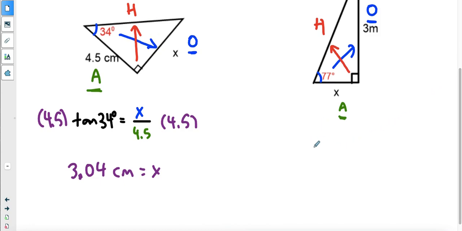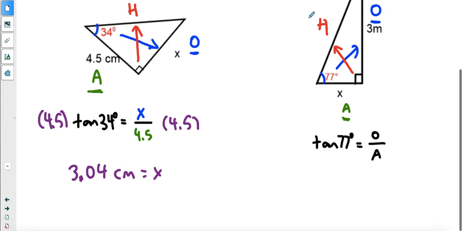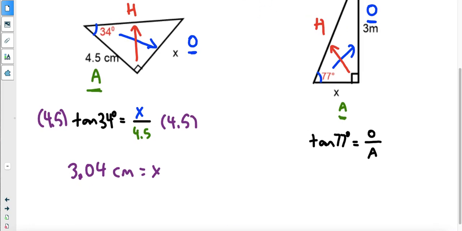If you'll remember, tan is equal to opposite over adjacent. My opposite side here is 3 meters, so I'm going to replace O with 3. And my adjacent side here is x, so I'm going to replace the A with an x.